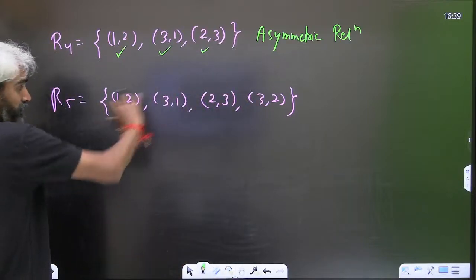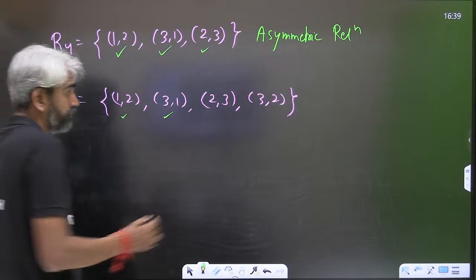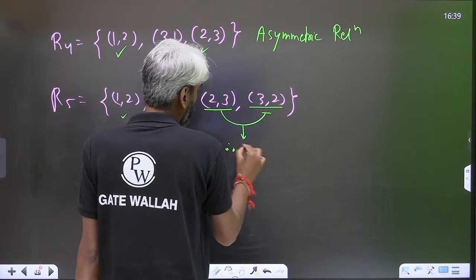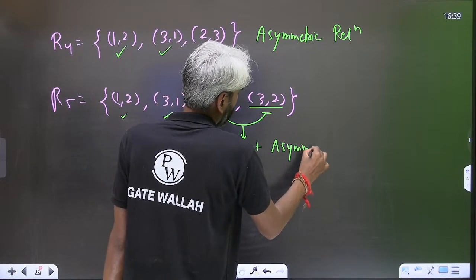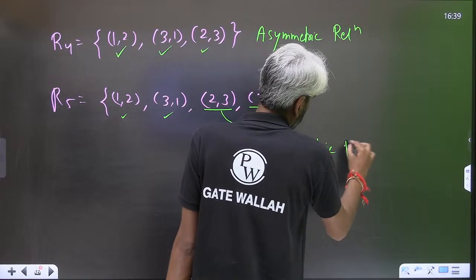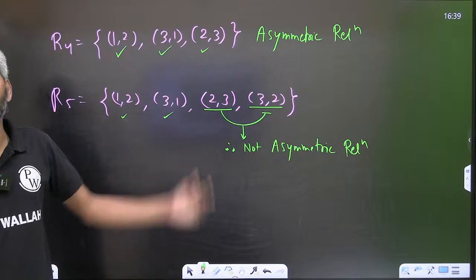So 1, 2 is present and 2, 1 is not present, so it's fine. 3, 1 is present, 1, 3 is not present, so it's fine. But 3, 2 and 2, 3 both are present. Therefore, not asymmetric. So it's not only with respect to diagonal ordered pairs, but with respect to non-diagonal ordered pairs also.